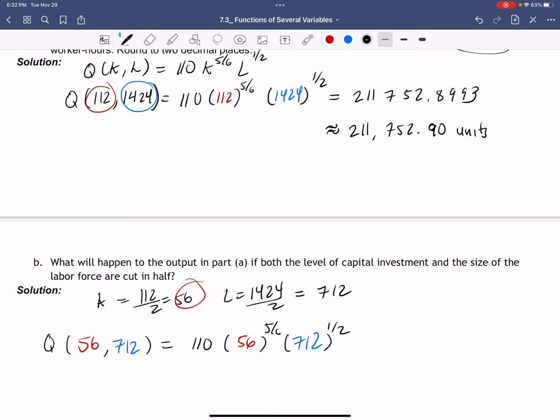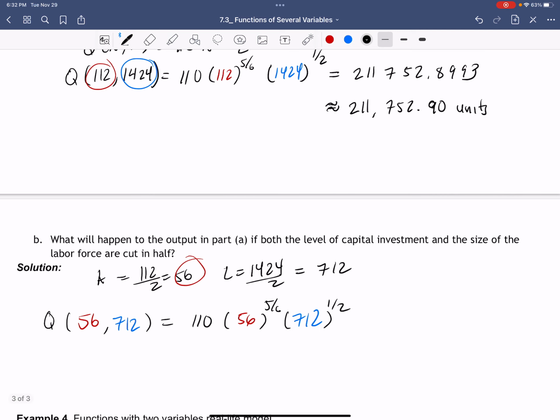And that's it. We just have to replace and do a direct substitution here, and by putting this in the calculator, we get 84,034 and then rounded, we get 84,019.